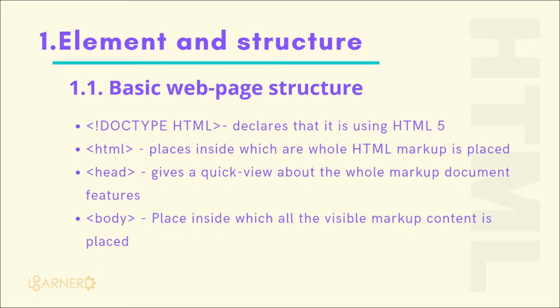The features of a phone are relatable to the head tag. It gives a quick glance at what the phone is and what kind of specification it has. So it is like a quick view of the features of a particular product or thing.